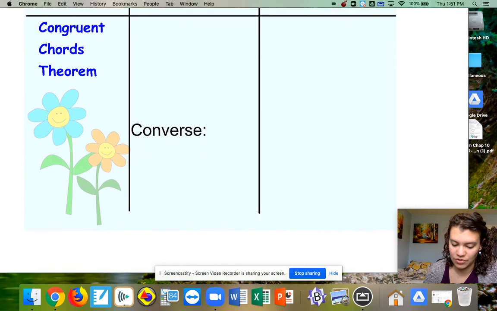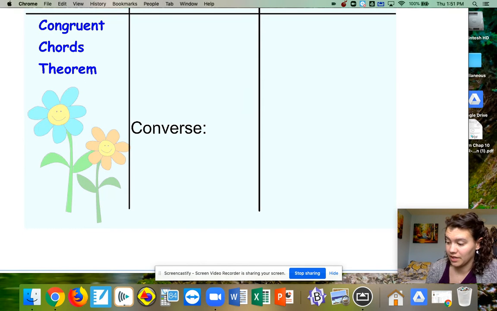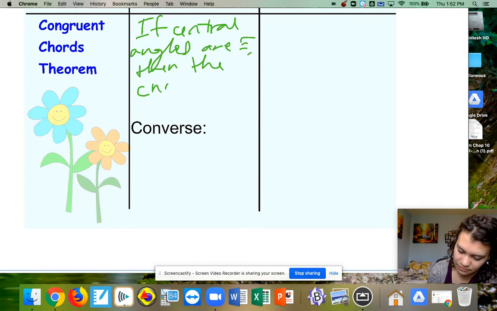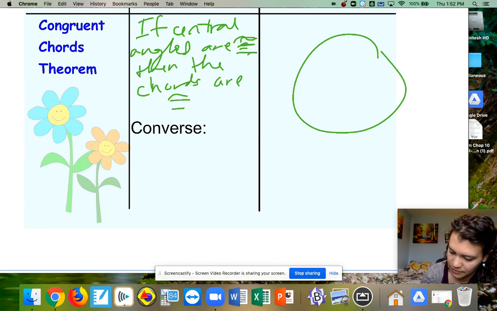Okay, so the congruent chords theorem, very similar. If your central angles are congruent, then the chords are congruent. So for the example here, draw in 2 more angles, say these are 60 and 60.